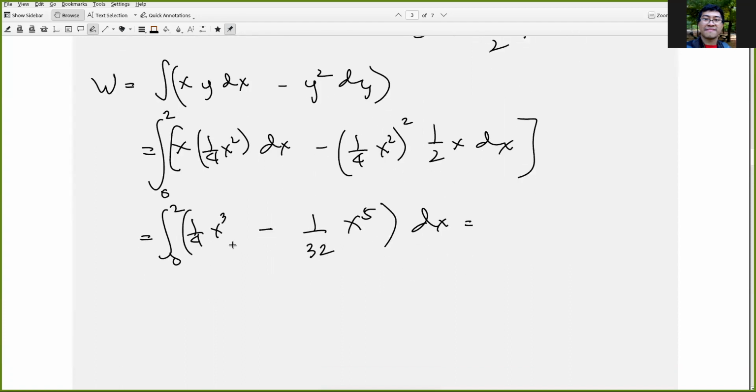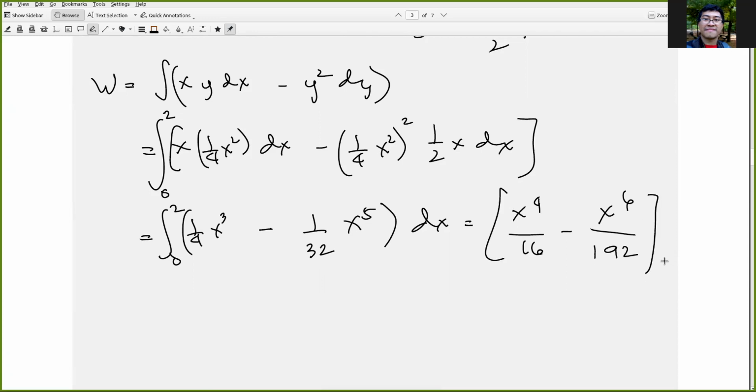Okay, and if you evaluate this, then you have x to the power of 4 divided by 4 times 4, that's 16, minus x to the power of 6 divided by 32 times 6, that's 192.